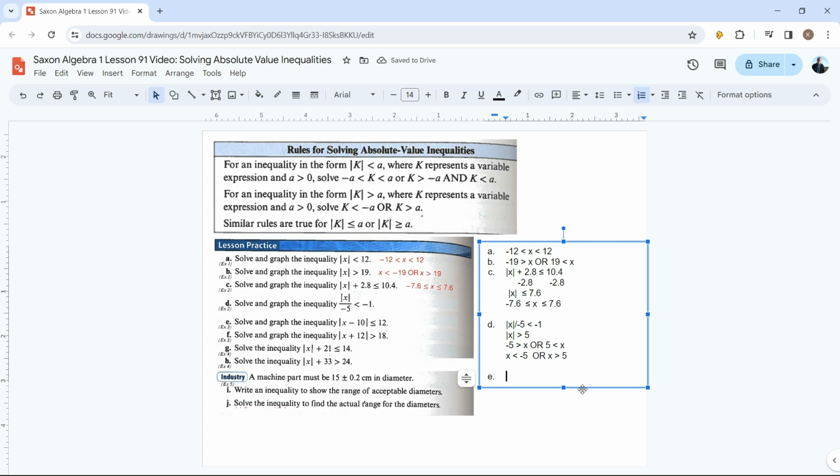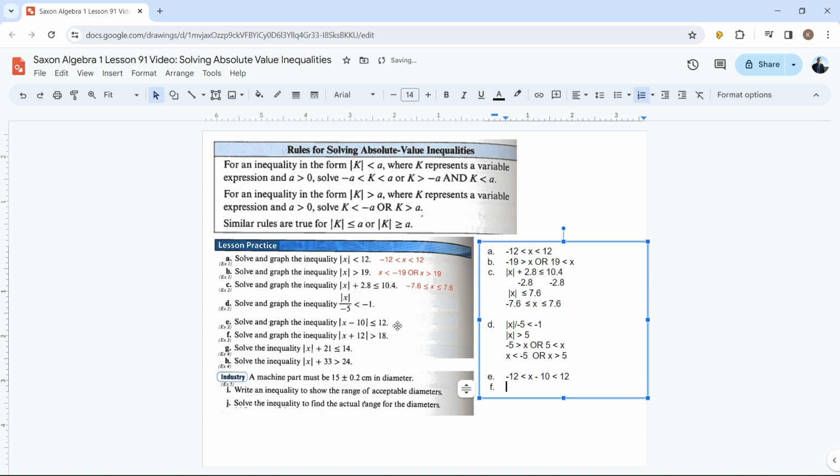Well, okay, so here I have an expression inside my absolute value markers. For my absolute value, I'm going to evaluate that right away with x minus 10 inside. This is a less than, so it's an and. It's going to be negative 12 is less than x minus 10, which is less than positive 12.